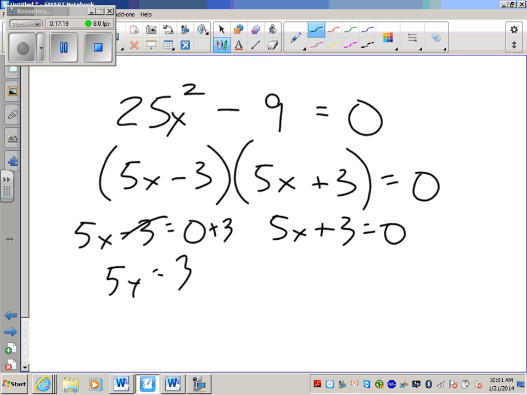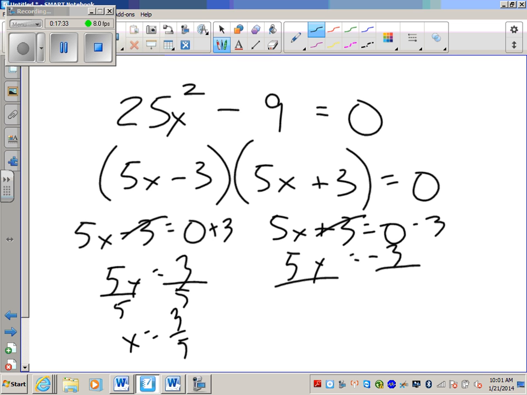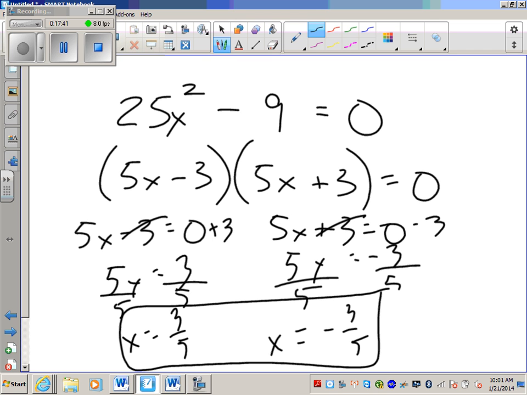Yes? Divide by 5. X equals 3/5. Subtract, so divide both by 5. X equals negative 3/5. Yep.